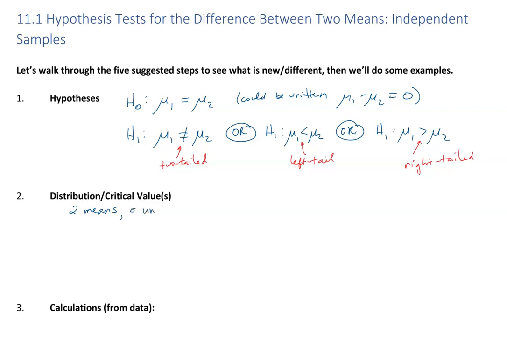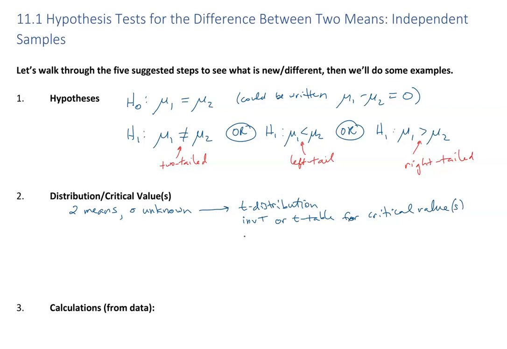Generally, sigma is going to be unknown. So not too surprisingly, we do use the t-distribution. And we'll use the inverse t function on the calculator or the t-table for critical values, 1 or 2 critical values, depending.